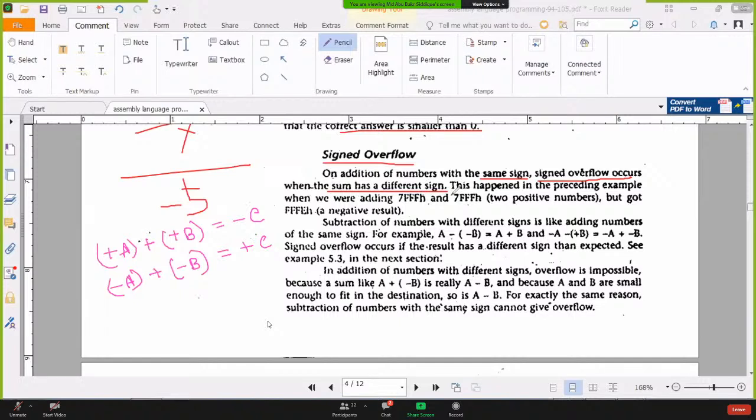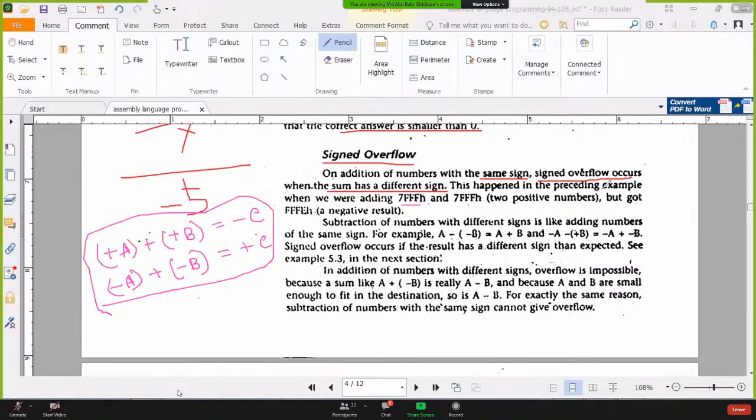Just remember these two lines: if you add two positive numbers, you should get a positive result. If you add two negative numbers, you should get a negative number. This happens in the preceding example, as we added. They're talking about the example we have given.